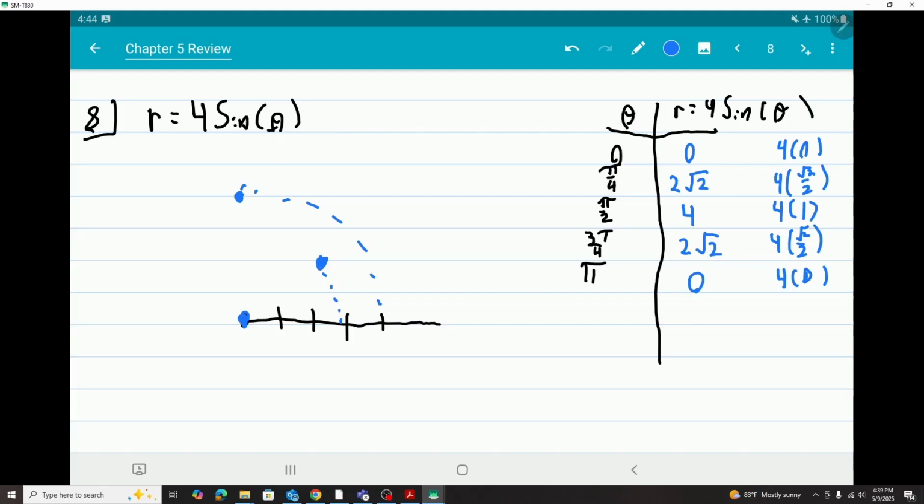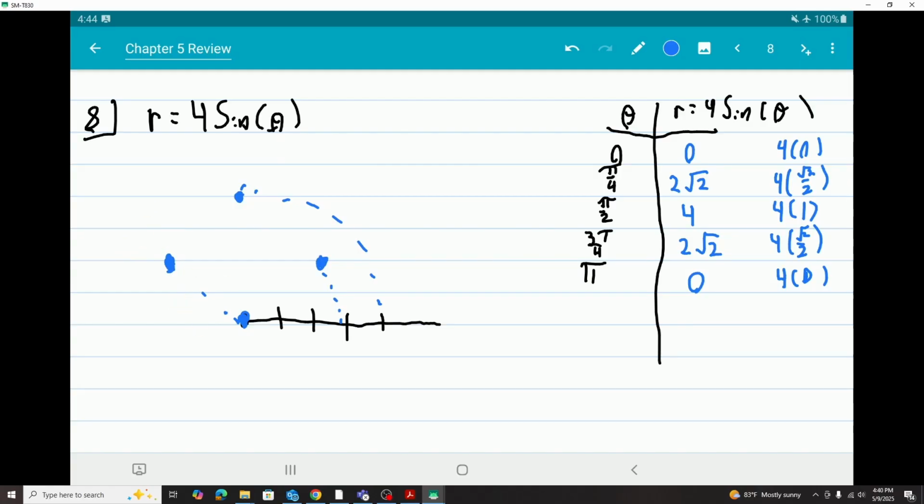And then we do the same thing for 3 pi over 4. 3 pi over 4 is over in that direction. And normally 2 root 2 would say plot it here. For some reason I was thinking the radius is negative, but because the radius is positive, we do just plot it right there.